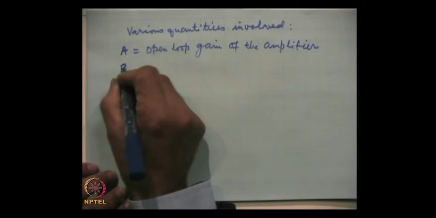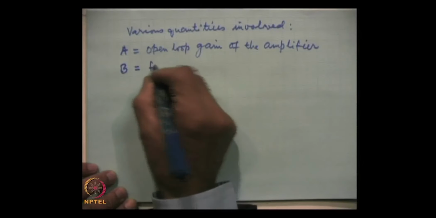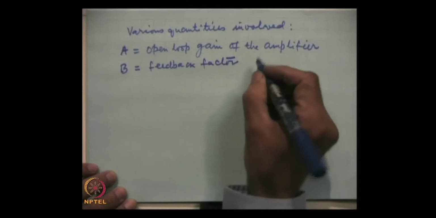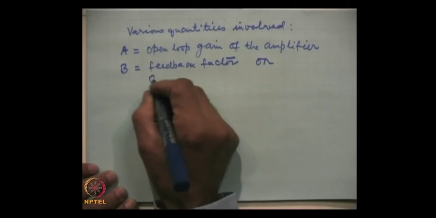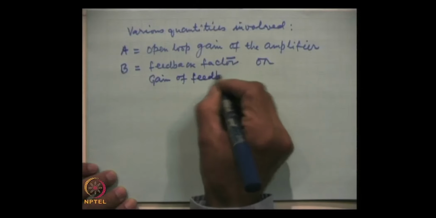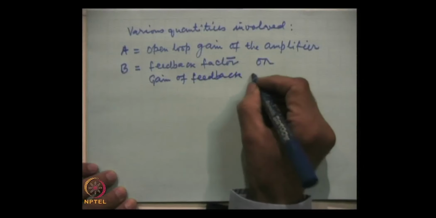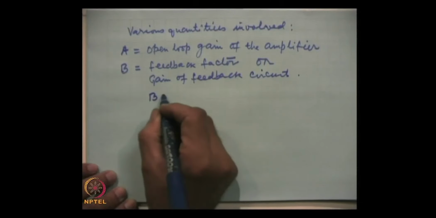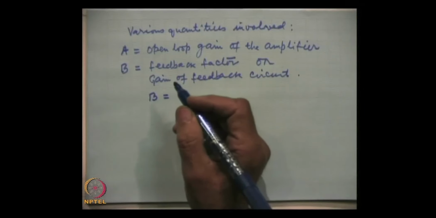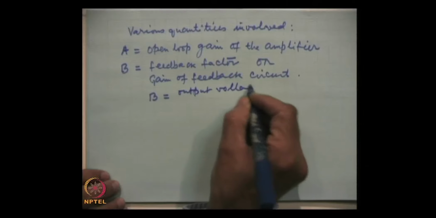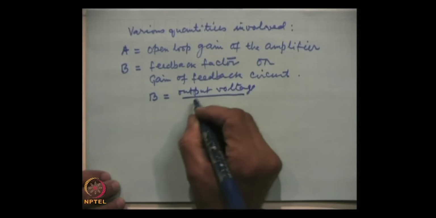And B is the feedback factor, or gain of the feedback circuit. Gain is always defined as, since I am often reminding you that we are considering voltages, output voltage to input voltage.